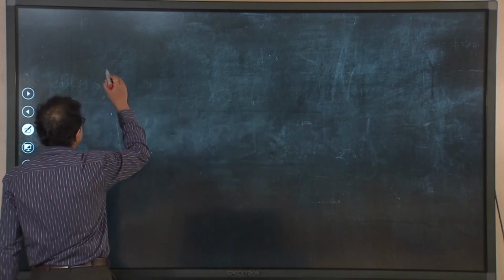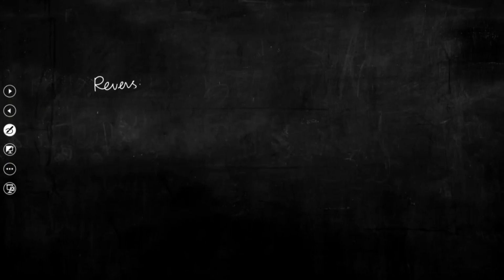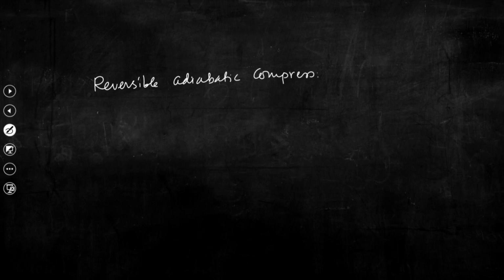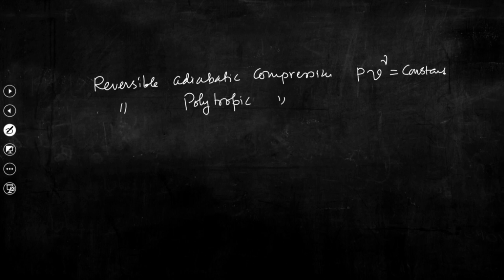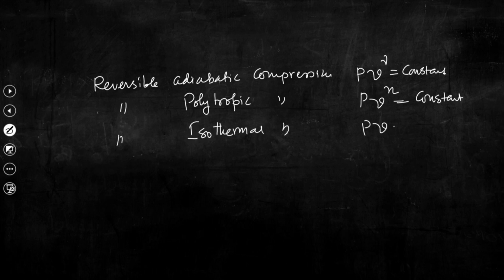So, now the question is, if we assume reversible adiabatic compression, that is PV to the power gamma equal to constant; if it is reversible polytropic compression, then PV to the power n equal to constant; or if it is reversible isothermal compression, then PV equal to constant.